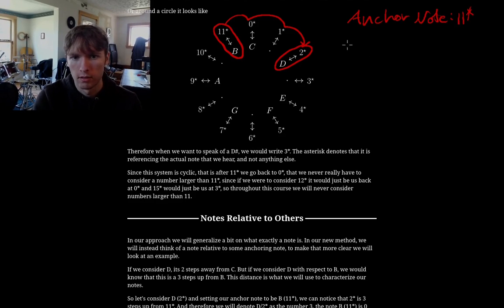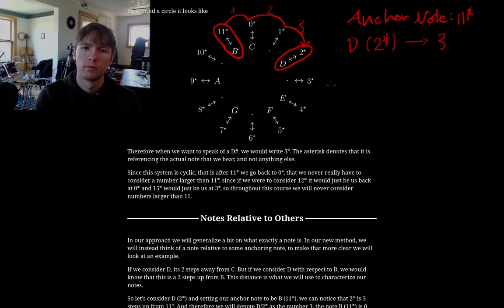And then when we think about D, 2, we're actually going to think about it as 3 because we did 1, 2, 3. It's 3 away from the anchor note.